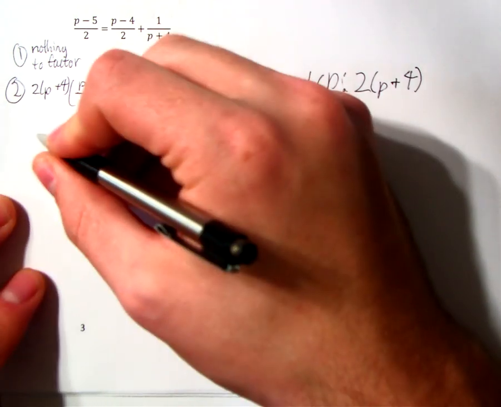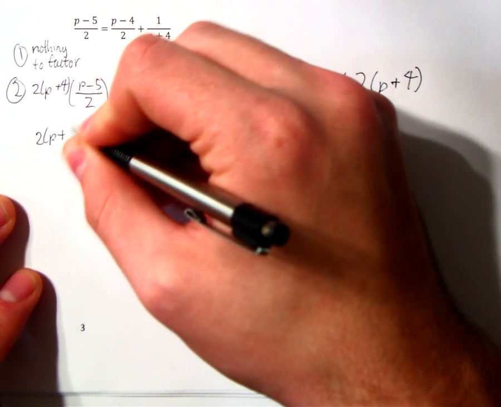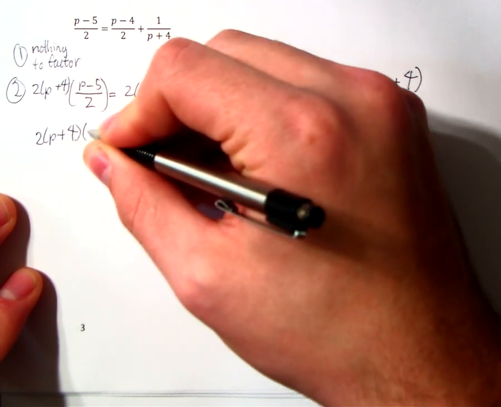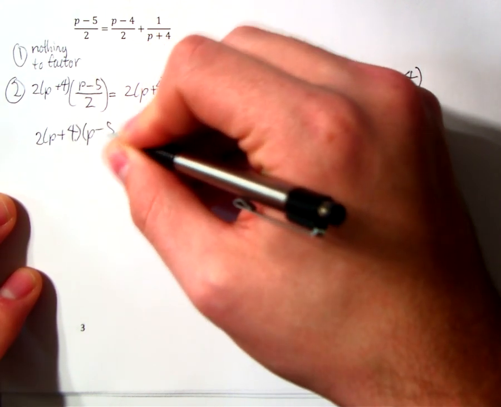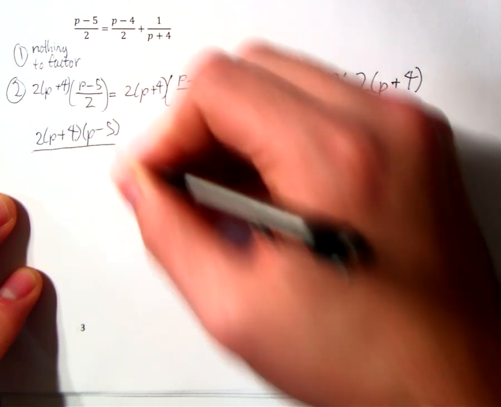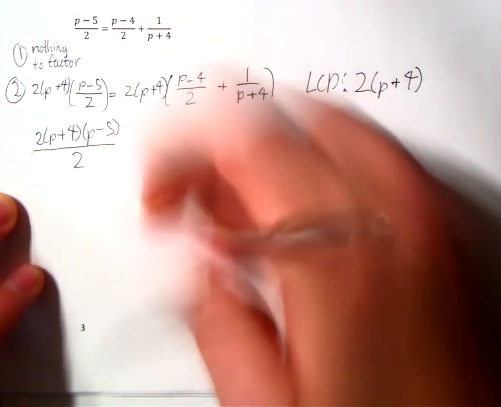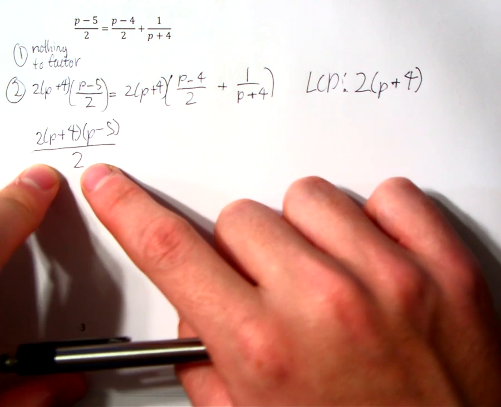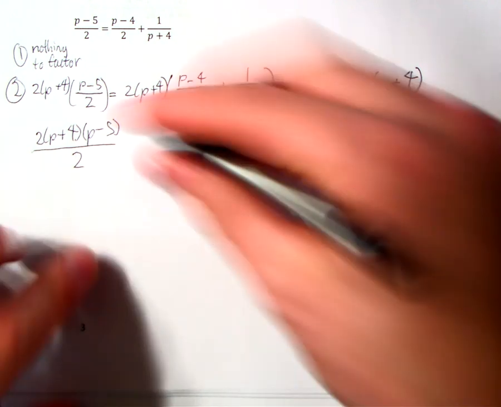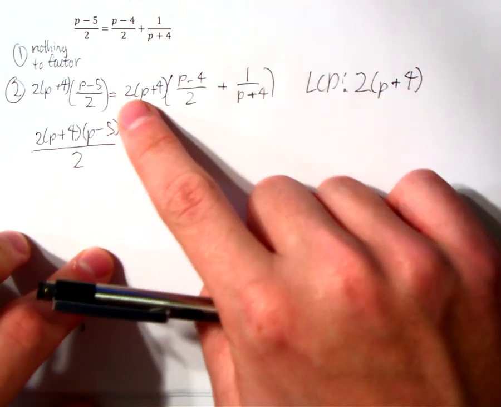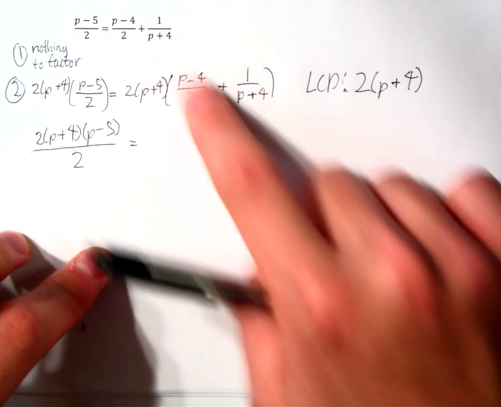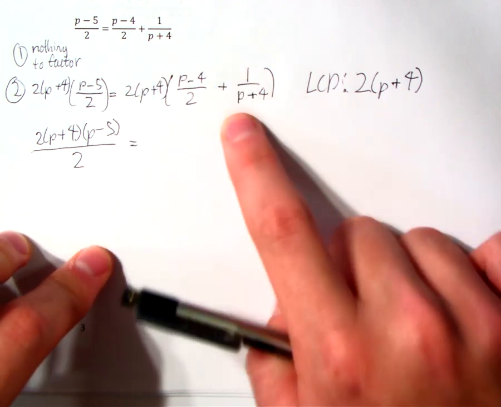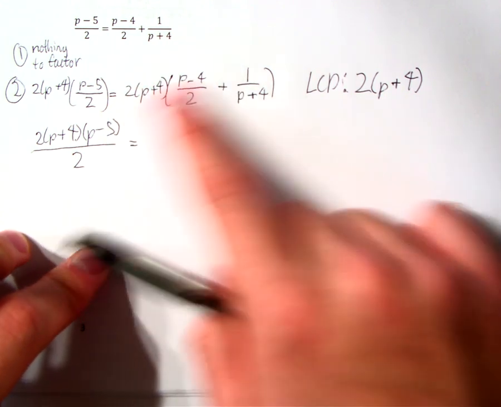So let's multiply that least common denominator into my equation. Remember, when you multiply a fraction by some other number, it multiplies into the numerator, but it doesn't touch the denominator. The denominator stays the same. Okay, so on the other side, I've got 2 times p plus 4. That's going to distribute into both of these rational expressions.